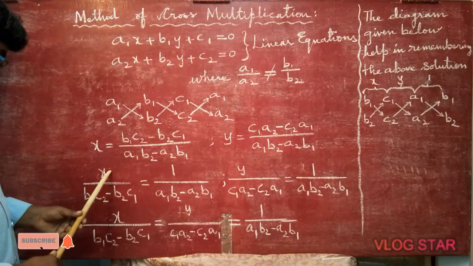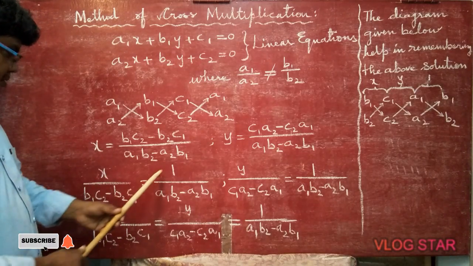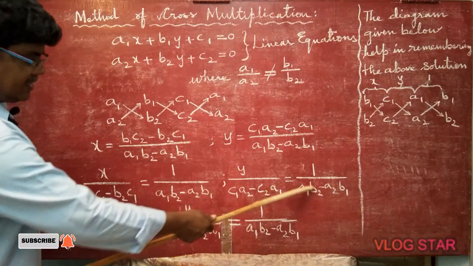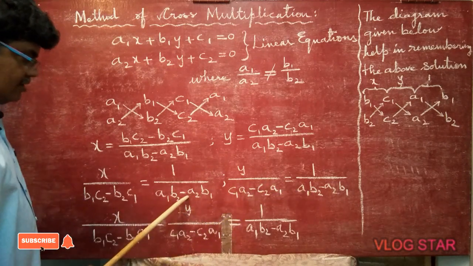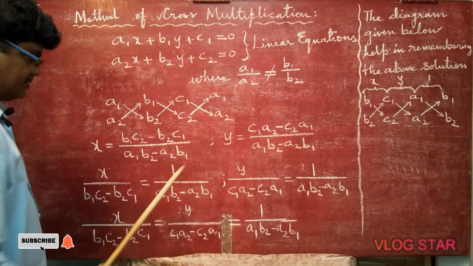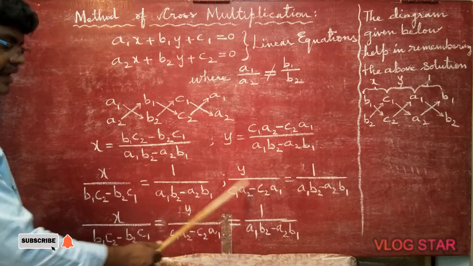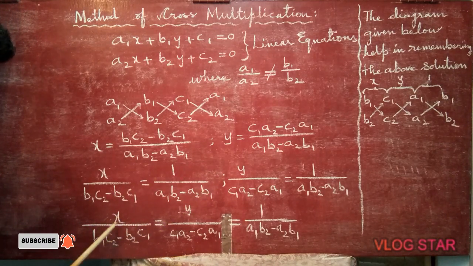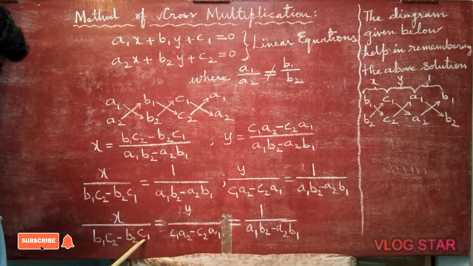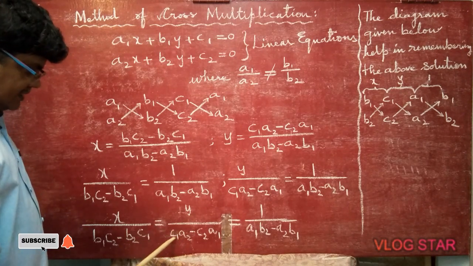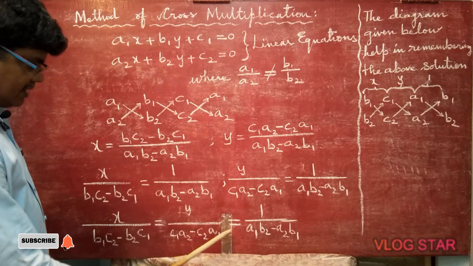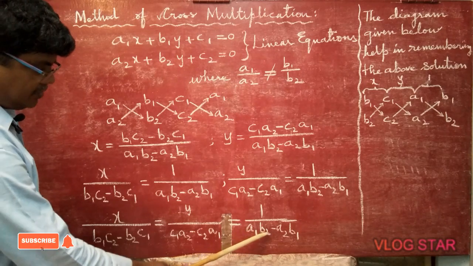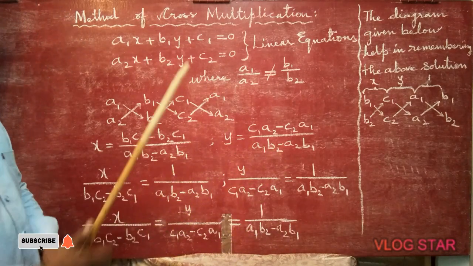Same RHS, so automatically LHS are also equal. So now combining: x by b1 c2 minus b2 c1 is equal to y by c1 a2 minus c2 a1 is equal to 1 by a1 b2 minus a2 b1.